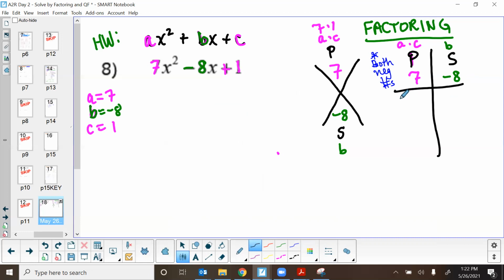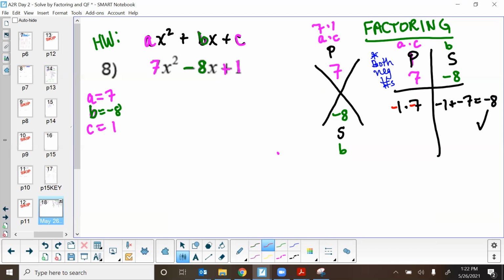So there's only one option for the pair of numbers for 7, and that's 1 times 7. And since I know they're both having to be negative, I can try that. Does that work? -1 plus -7. Yes, that does equal -8.